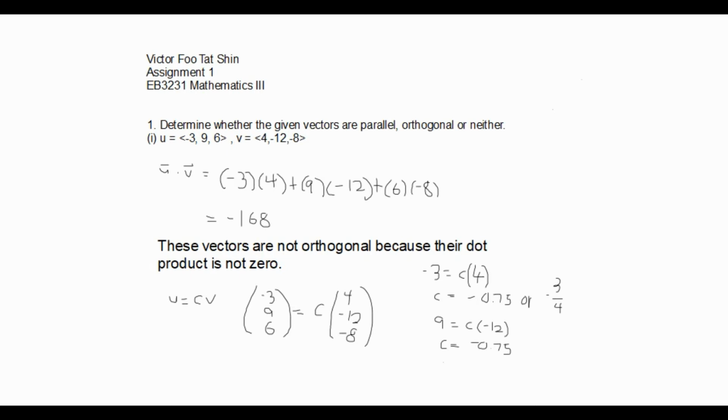And the third one, 6 equals c times -8, and you get c as the same answer. So hence these two vectors are parallel.